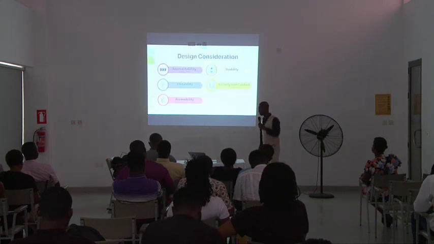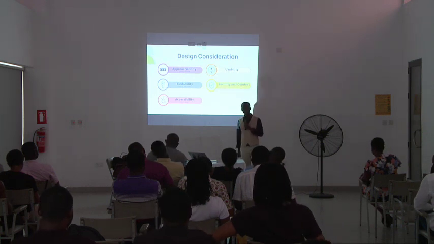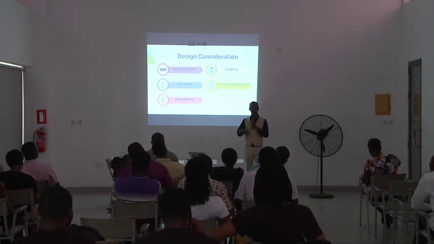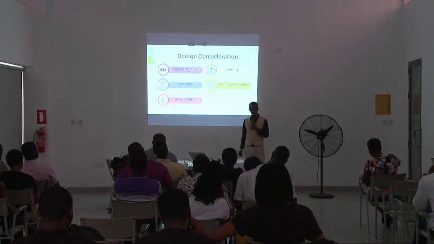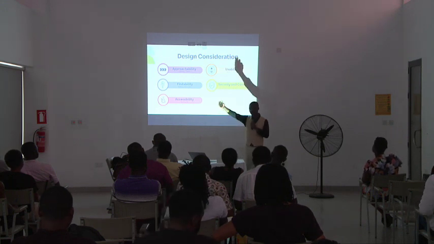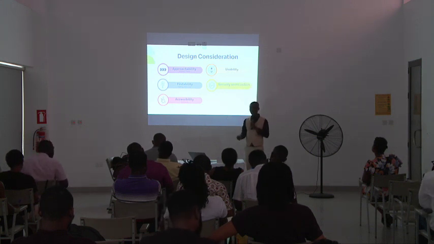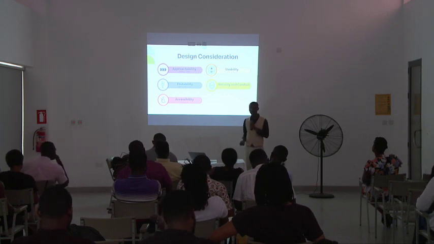So when we talk about approachability, we are looking at how we get there. So for a building like this or a facility like this, or the National Theatre or the Accra International, whatever, getting there is from the outside coming in. So when we arrive at the entrance, at times the main gate itself becomes a barrier.